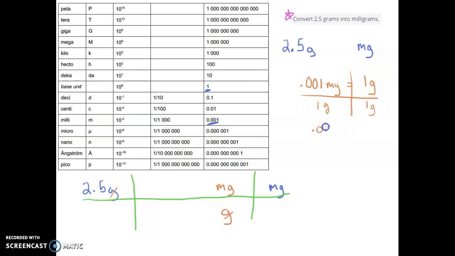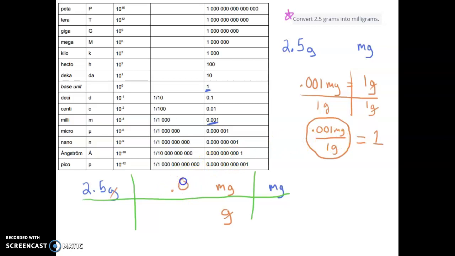We get 0.001 milligrams, and instead of doing any kind of simplification, I'm just going to leave it like that. And on this side, the grams will cancel out, and we'll be left with 1. So it's perfectly okay to multiply or divide by this number because it is, in fact, 1.